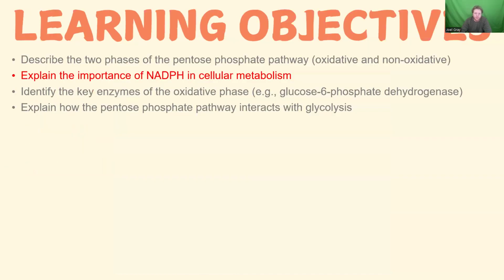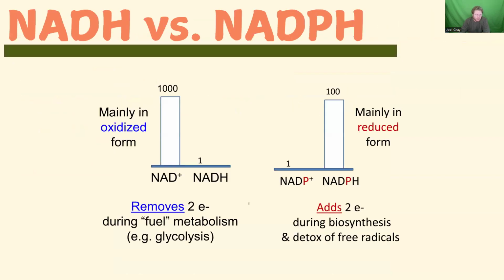Now, the next learning objective is I want you to understand the importance of NADPH in cellular metabolism. What we have is two major molecules, NADH and NADPH. NADH, what is the role of that?